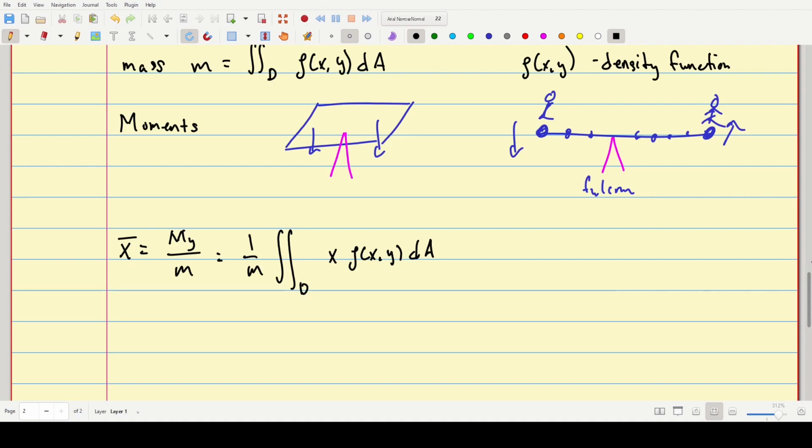And the way that the formula for that looks is that it's the double integral over D of x times the density function dA.